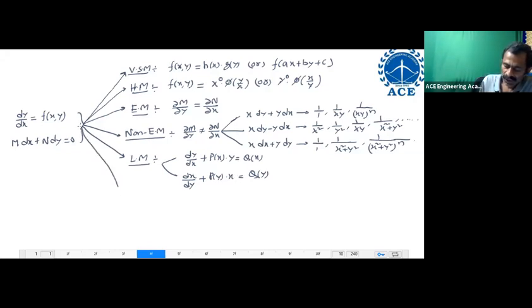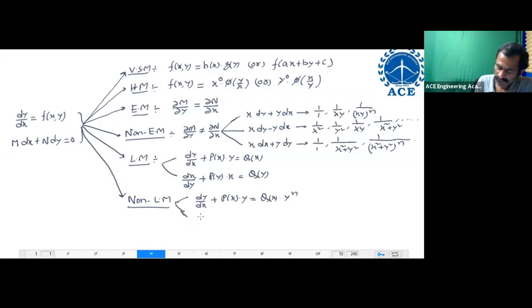If it is non-linear, again we have two general forms. One is Bernoulli's, dy by dx plus P of x into y equal to Q of x into y power n.